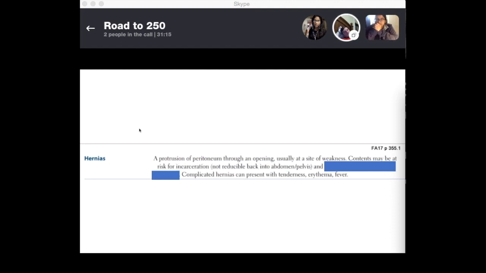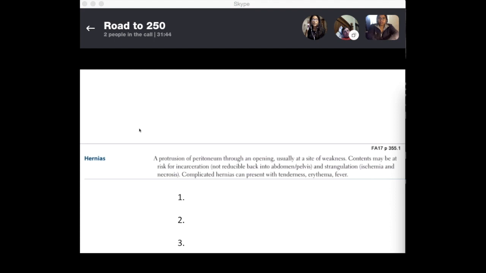They're at risk for incarceration, which means they're stuck in there and not able to go back, and strangulation, which can lead to ischemia and necrosis. And then complicated hernias can present with tenderness, erythema, and fever, causing more systemic problems.